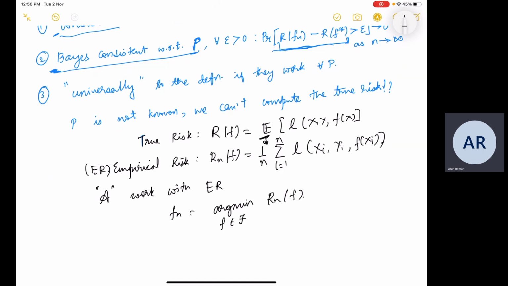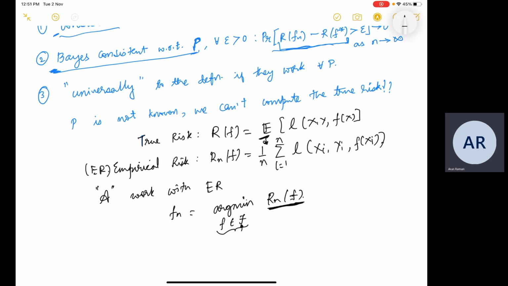Okay, so upon seeing the n data points, the algorithm tries to find a function f in the class script f such that the empirical risk is minimized.